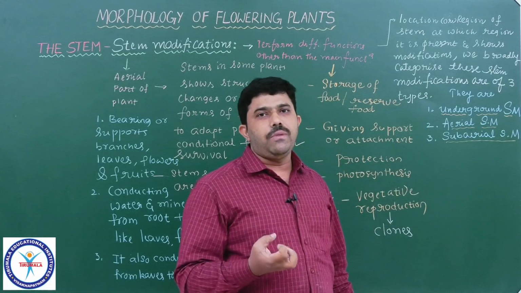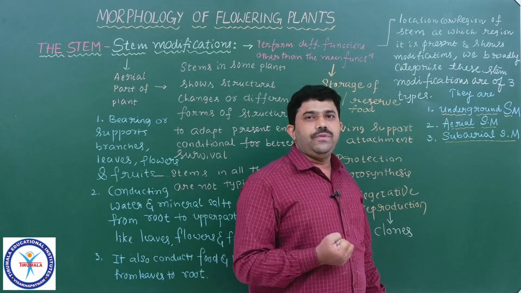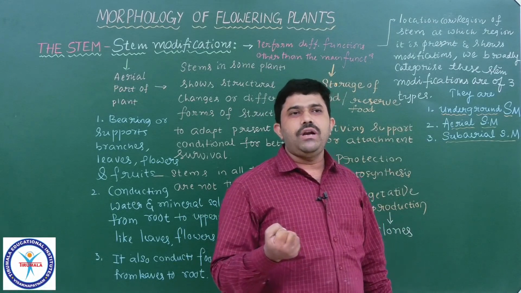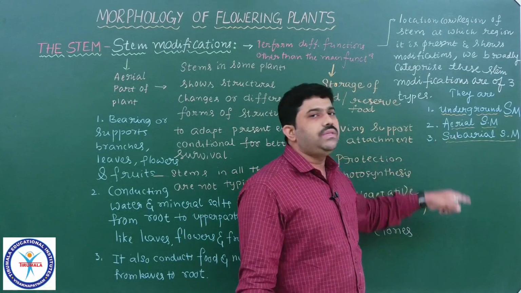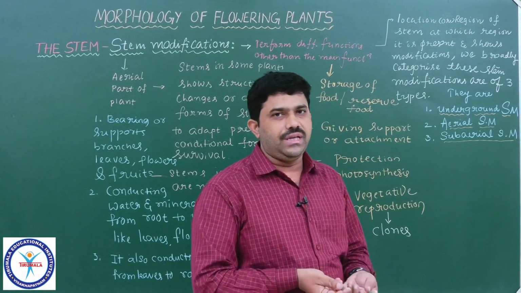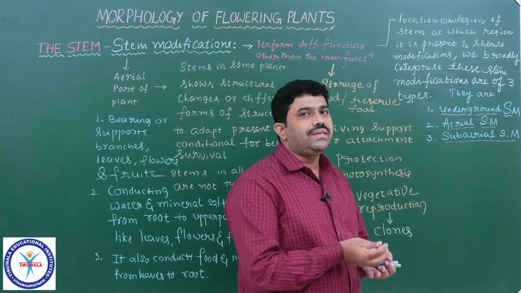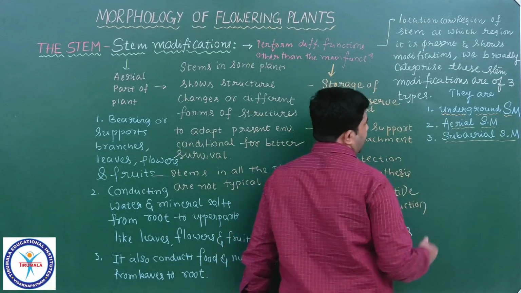Some of the types of stem modifications we see under the underground stem modifications. Some we see in the aerial stem modifications. Some we see in the subaerial stem modifications. Now we had better write all the types of stem modifications that come under these three.